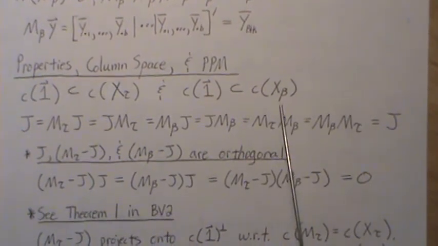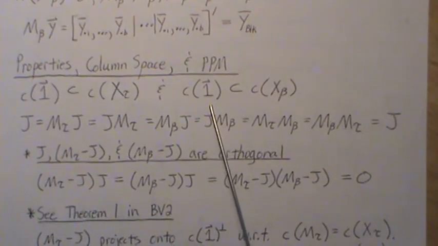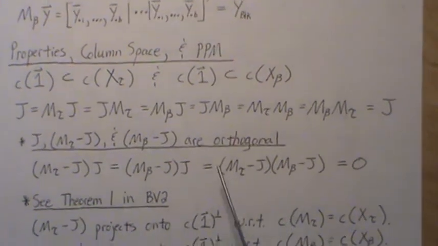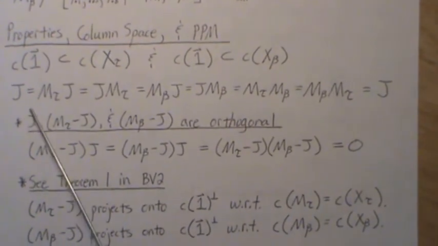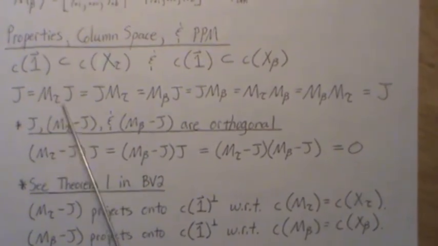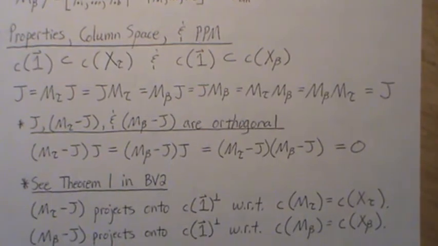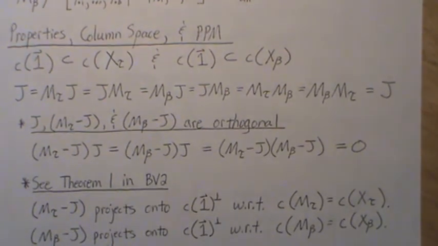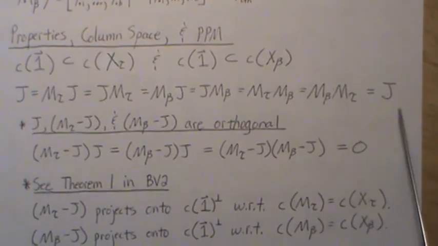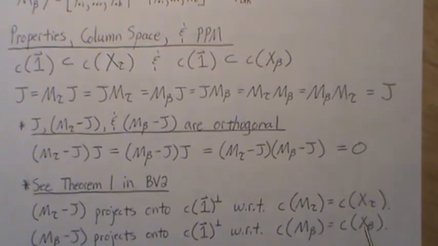Same way for X beta: the column space of the 1 vector is a subset of the column space of X beta. Now all these multiplications, M tau J, J M tau, M beta J, J M beta, M tau M beta, and then M beta M tau, all equal J. And this is proved in the background videos.